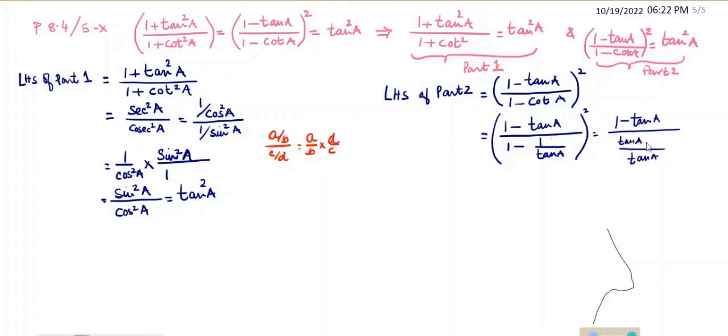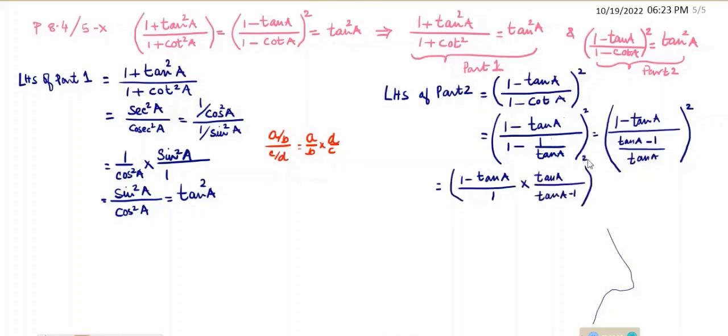So we'll simplify the denominator. Again, this is a division of a whole number by a fraction. So it will be numerator multiplied by the reciprocal of the denominator, that is tan A over tan A minus 1.